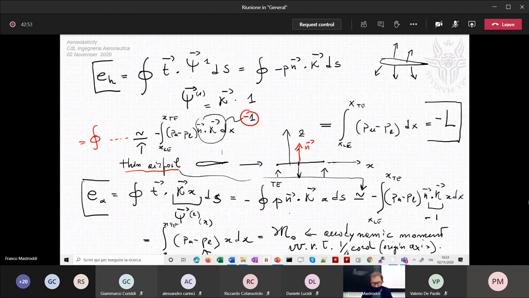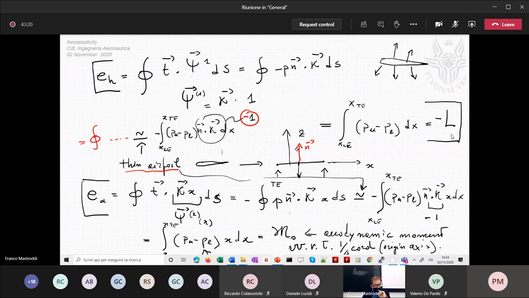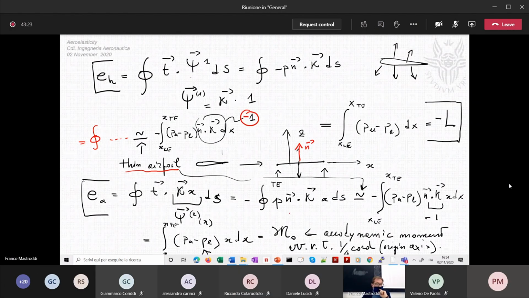And this moment, if you consider the standard linearized aerodynamic theory, for a straight airfoil is identically equal to 0 for steady. The aerodynamic moment around an airfoil with respect to 1/4 of chord is 0 if you consider the steady theory, but we are considering the unsteady one. So I expect it to be not completely zero in my analytic theory. Okay, so this is just a comment.